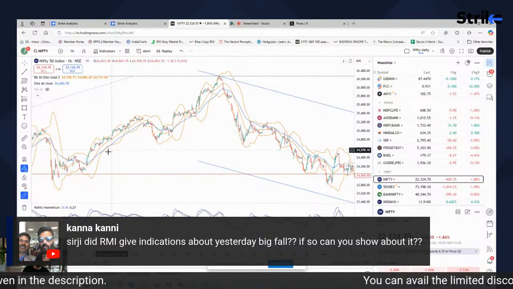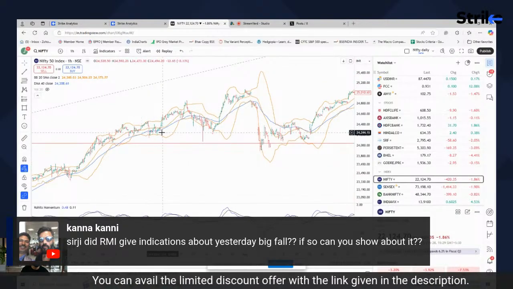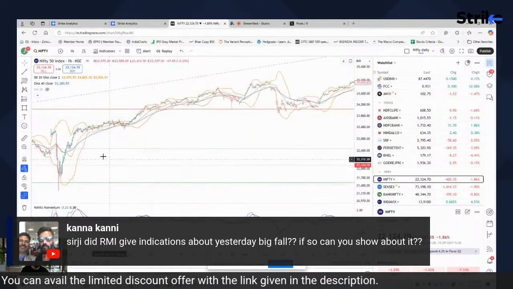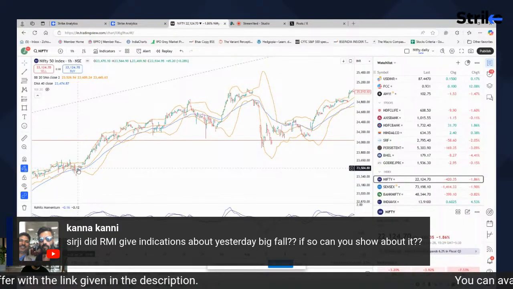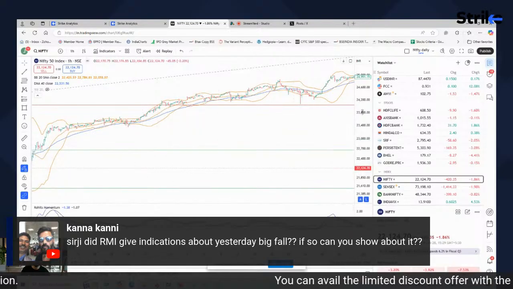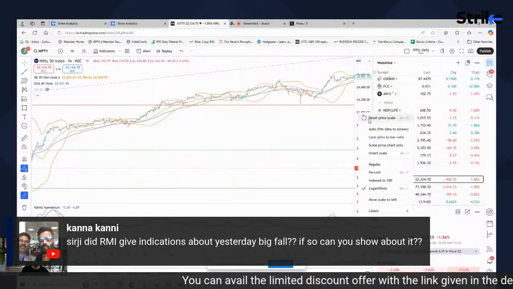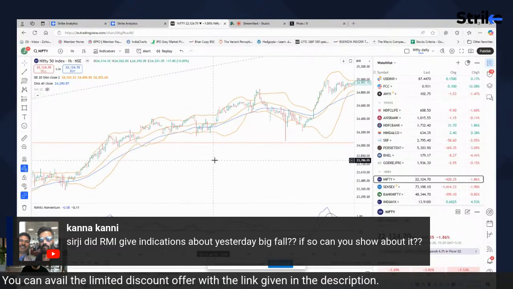Over here also 40 was holding and the index was rising higher. So the bull trend will prevail as long as the 40 doesn't break on the downside decisively. But whenever the break used to happen, one or two candles after that, it used to make a comeback and there used to be a bullish crossover. So that was a sign of the bullish momentum again picking up.